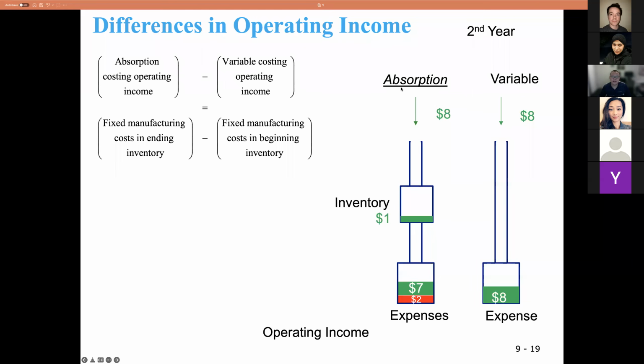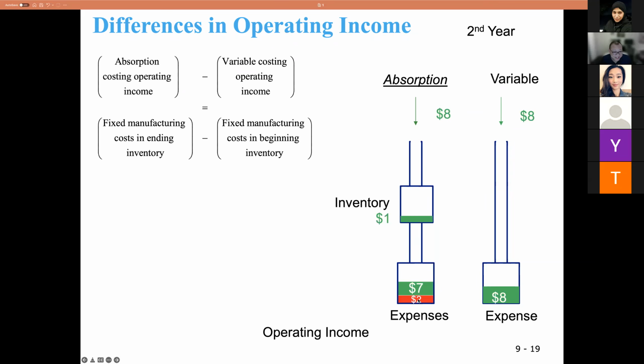Okay, let's see absorption costing. You see this picture, right? There are $8, and 7 ended up in the expenses, and $1 is in the ending inventory. Where does this red $2 come from? Last year's ending inventory.